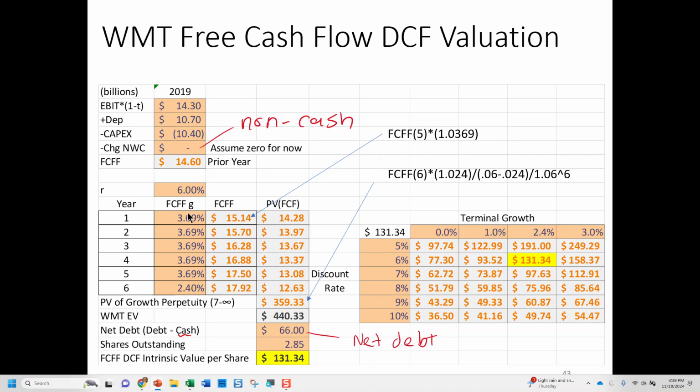That's actually profit growth, but I'll assume it also applies to FCFF. So I take the 15 billion times 1.0369, and that's the free cash flow in 1 year, 2020, and grow it at another 3.69%, and then I grow it at 2.4% forever. I use 2.4% as a terminal growth rate because at the time that was the 10-year Treasury rate. Some people suggest that the 10-year Treasury rate is a good estimate of the long-term growth of the economy, since it accounts for both inflation and real growth. So that's what I used.